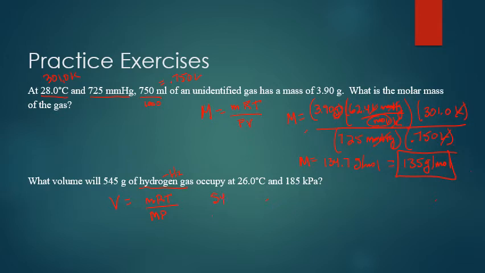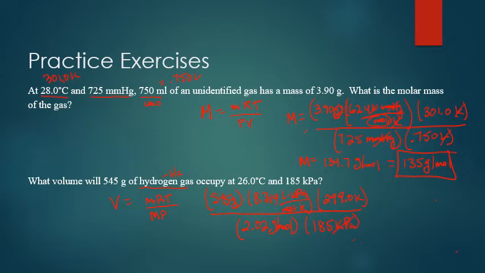So I can do 545 grams. I now have an R value because it's in kilopascals of 8.314 liter kilopascals per mole Kelvin, and I have a temperature 26 degrees Celsius. That would be 299.0 Kelvin, and I can take all of that and divide it by the molar mass of hydrogen, 2.02 grams per mole, and the pressure, 185 kilopascals.